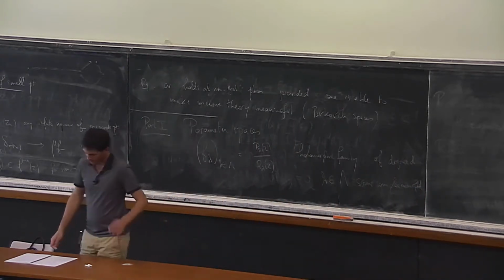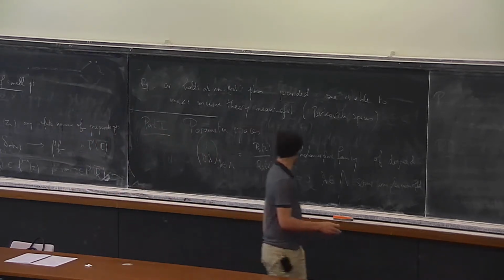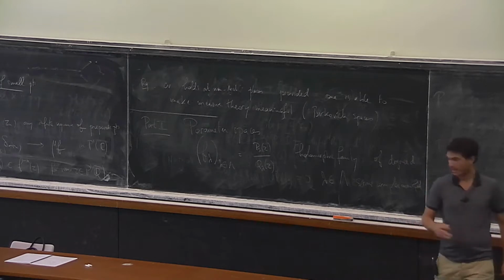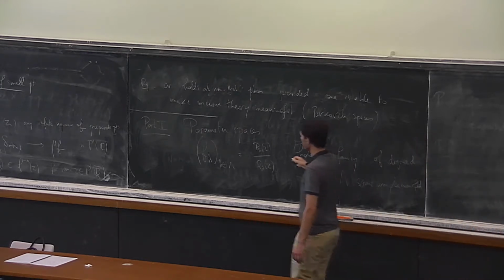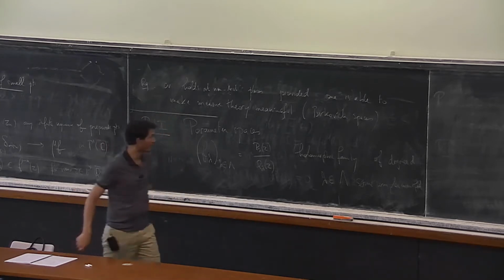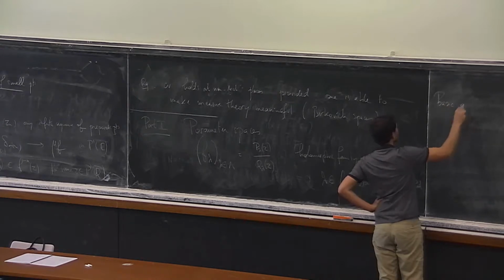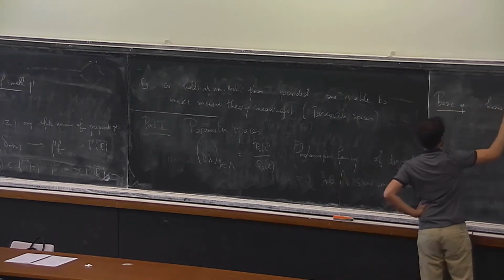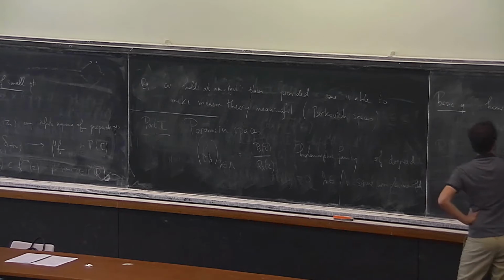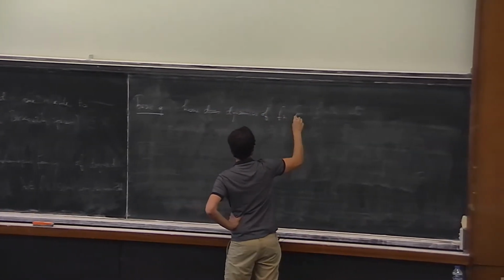Okay? It is quite important in dynamical systems to understand how the dynamics of F changes when you move the parameter. So the basic question: how does the dynamics of F lambda depend on lambda?